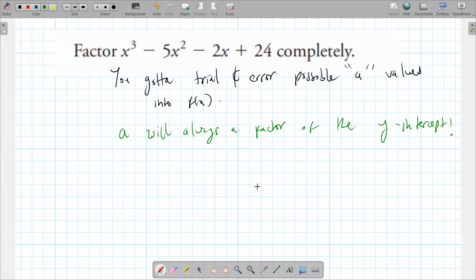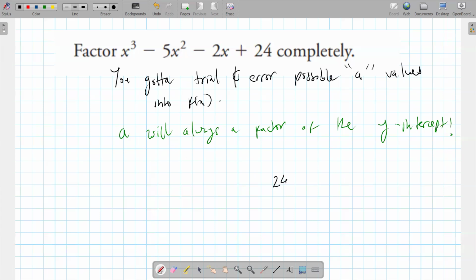What's the y-intercept here? 24. What are factors of 24? What is one factor of 24? What's a number that goes into 24 perfectly? 8. Yeah, exactly. So 8 is an example.